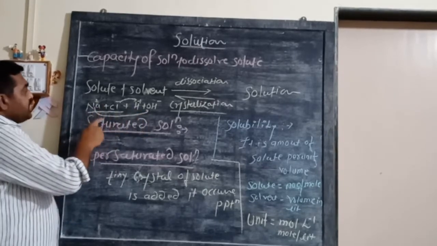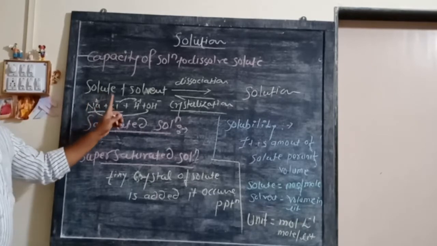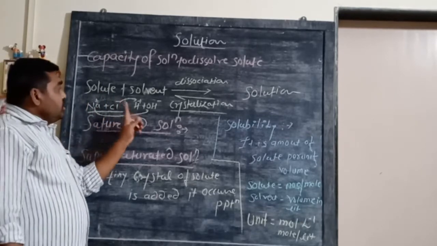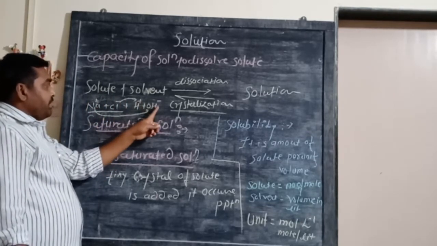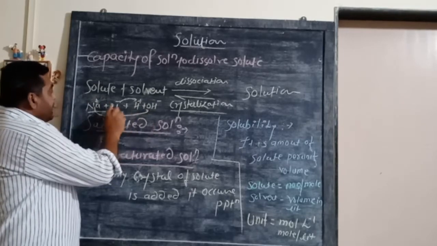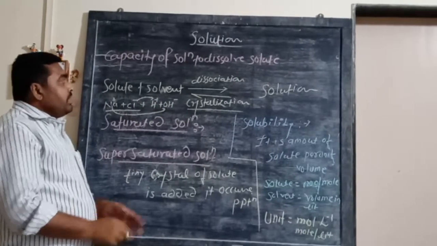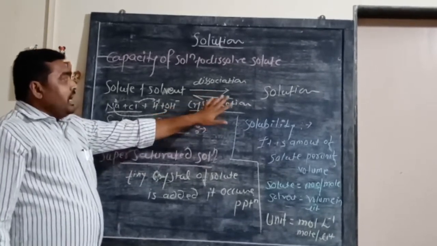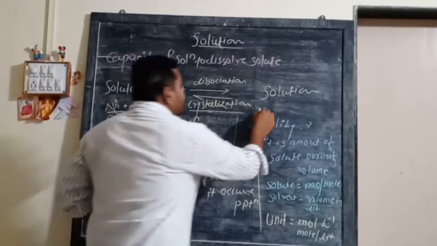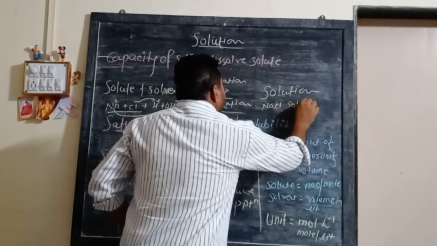Then dissociation takes place into Na+ and Cl- ions, and water gives H+ and OH- ions. Na+ combines with OH- ion, and Cl- combines with H+ ion. Dissociation takes place, and the sodium chloride solution is prepared. This is the NaCl solution.